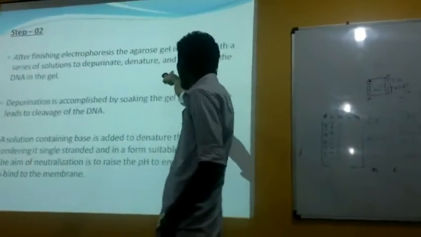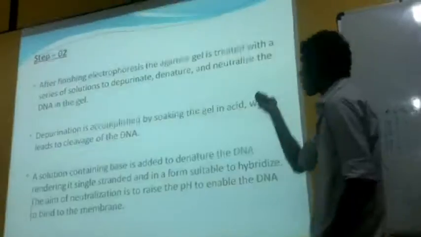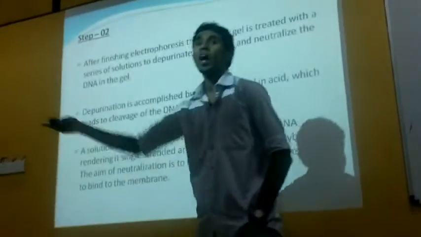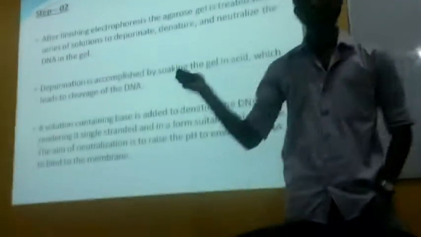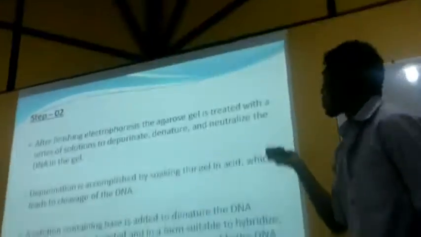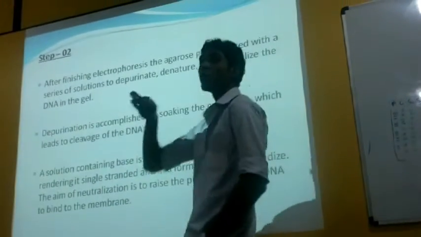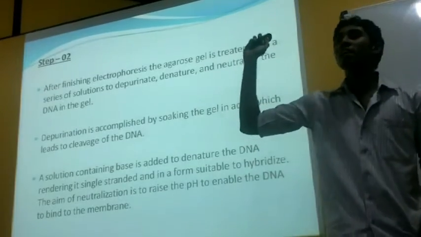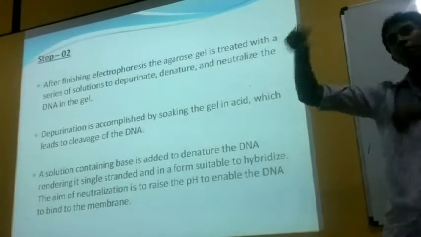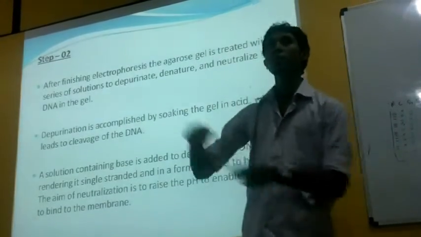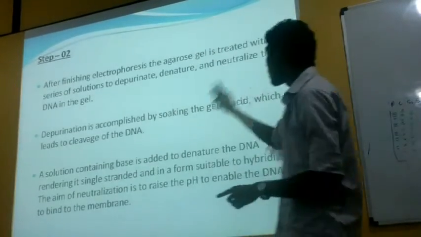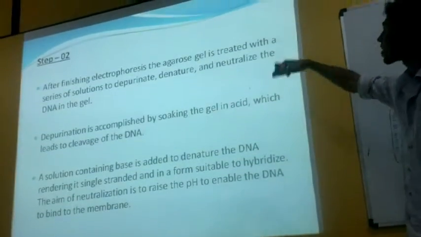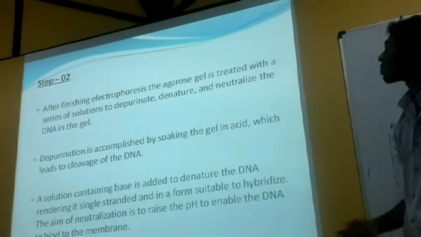Since we did an alkaline denaturation, we are not going to add an acid to neutralize. What we do is add a Tris-salt buffer, and by adding it we neutralize. There is a difference between the nitrocellulose membrane and the nylon membrane, which will be explained later.